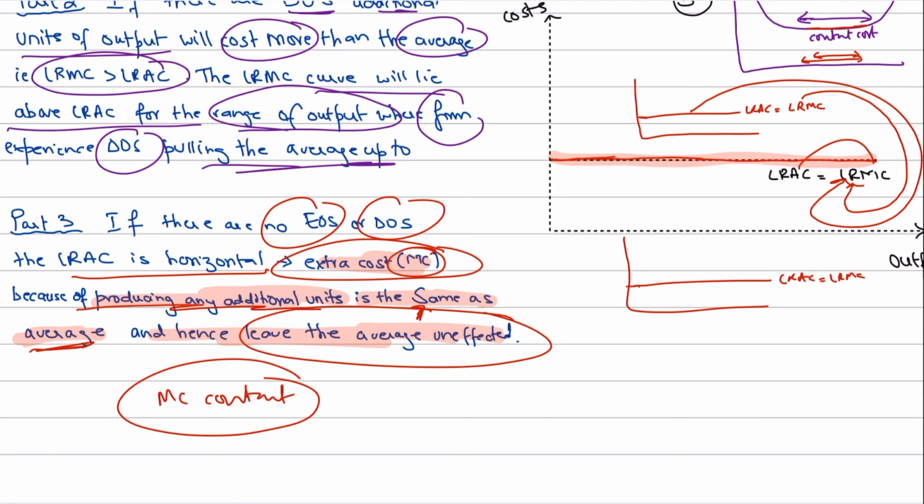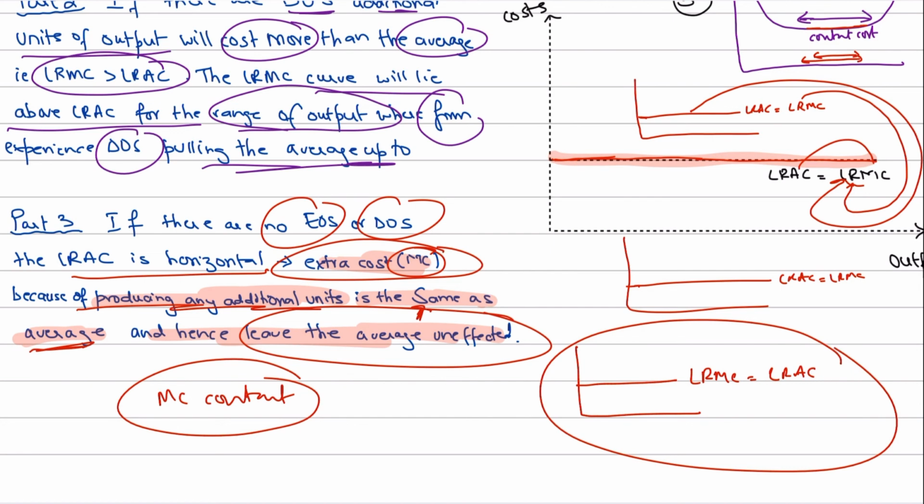Since the marginal cost is constant in that range, it will be the same as the average, so it's not making the average go up or down. That is why we have this horizontal line where the long run marginal cost is equal to your long run average cost curve in the range where we are facing constant returns to scale. So yeah, that's it guys.